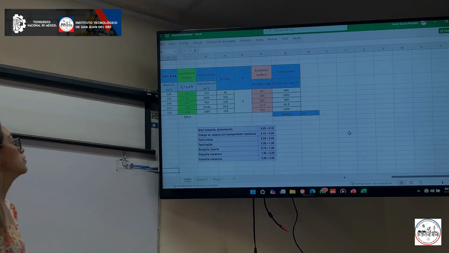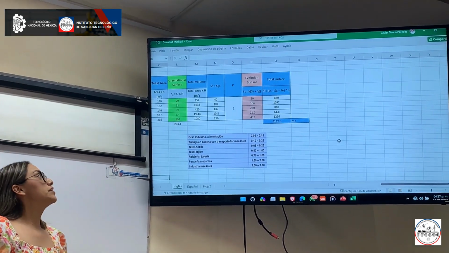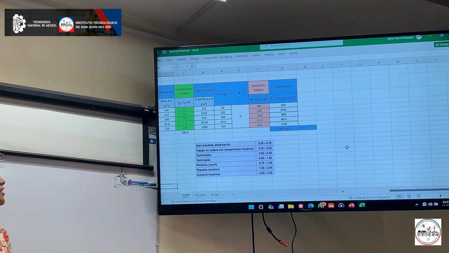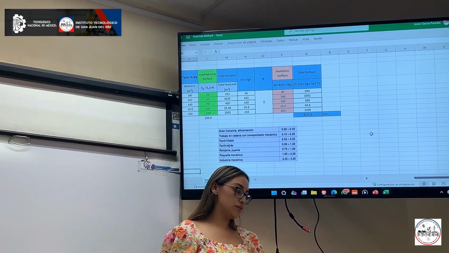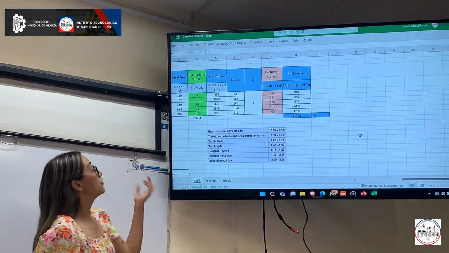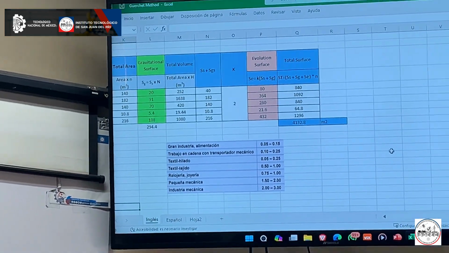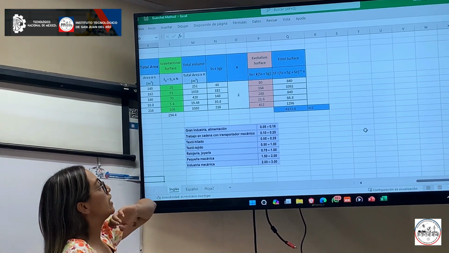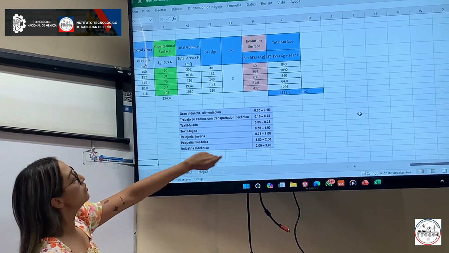To get the evolution surface, first you have to add your static surface and your gravitational surface. After that, you have to determine K by looking in the table.